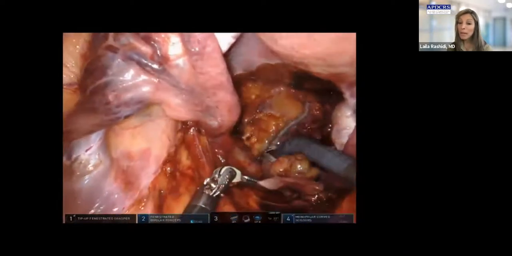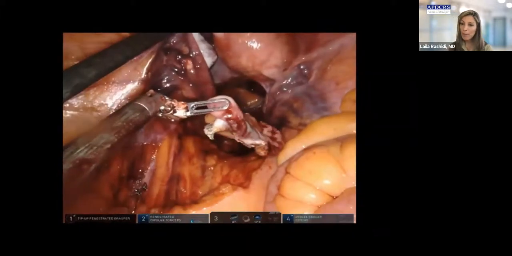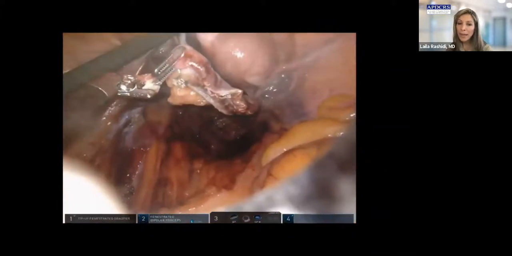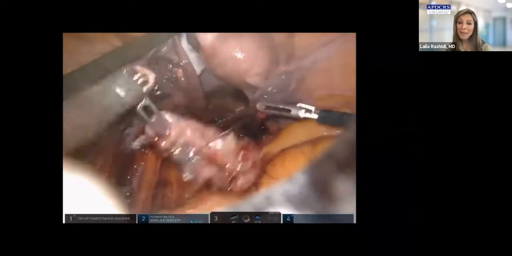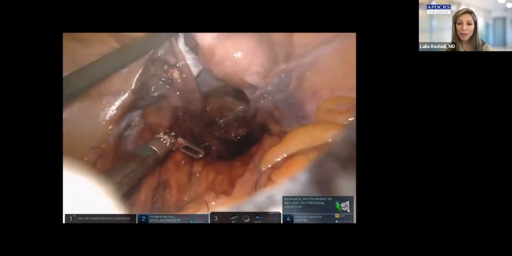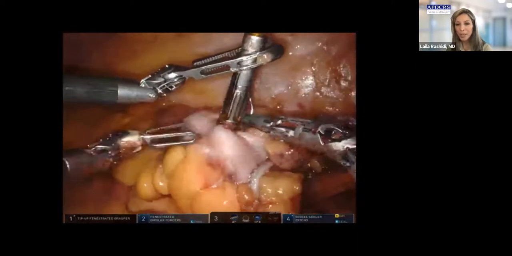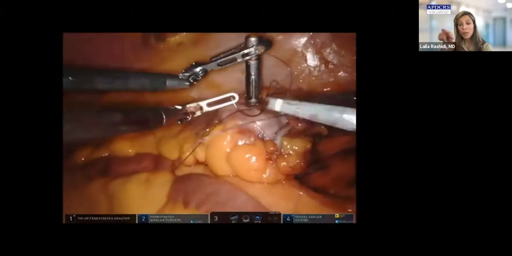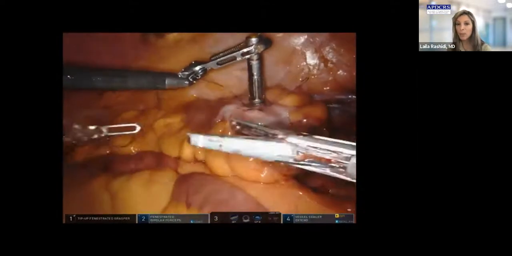Some people actually do suture that part or place a little purse string. Depends what your comfort level is. I feel if I'm less in the operating room and spending less time suturing, that's better for the patient. And even with the cost, if you look at the cost in the OR, but there's nothing wrong with however way you want to do it. You can actually do a purse string with a V-lock instead of using a stapler.